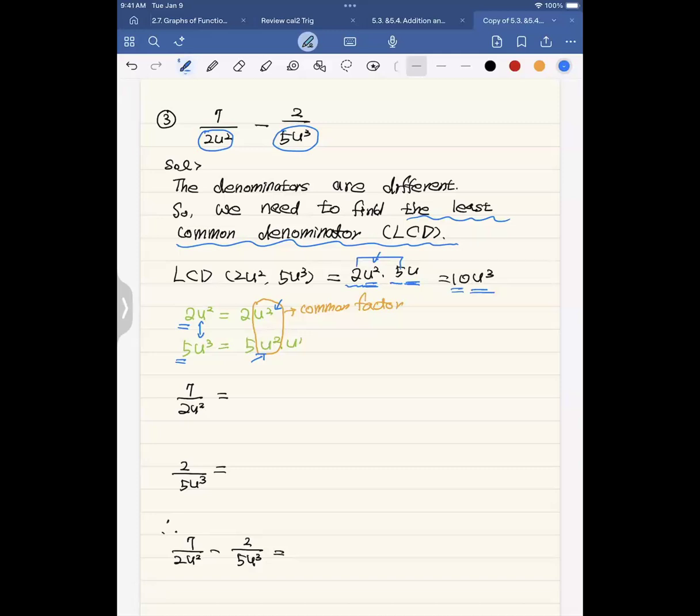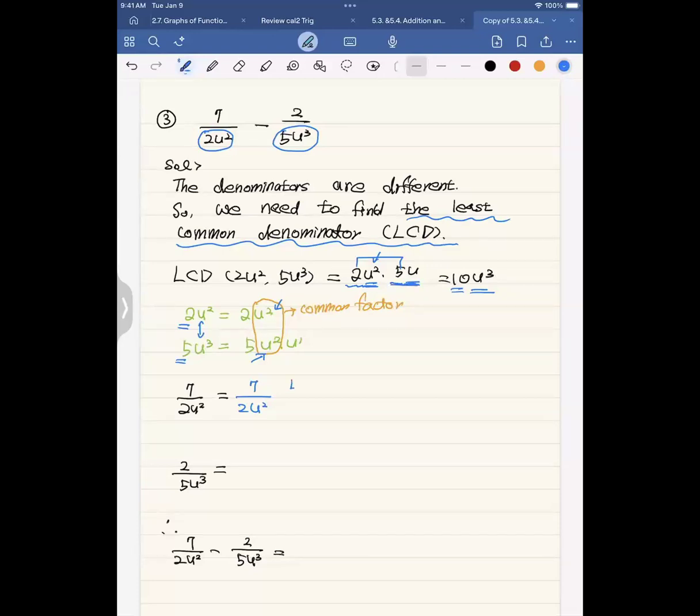Let's convert each fraction to the equivalent fraction with the least common denominator. The first one is 7 over 2u squared. What's missing here is this part.